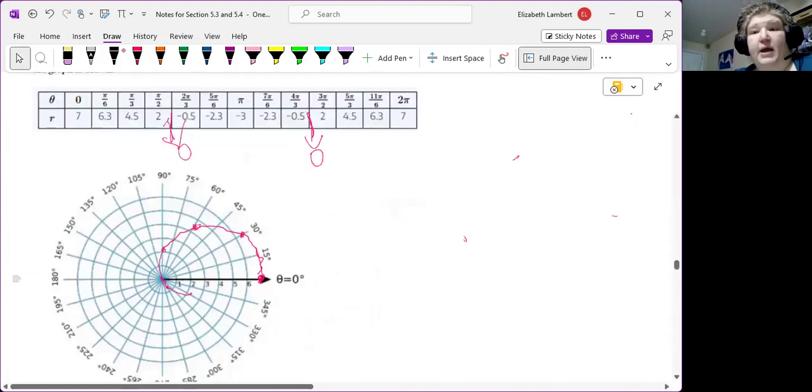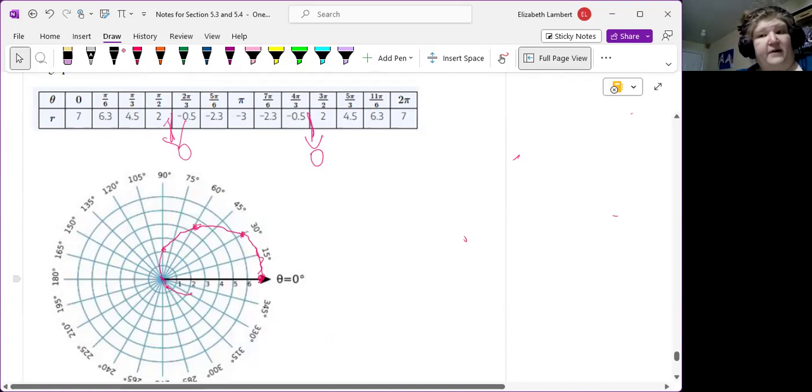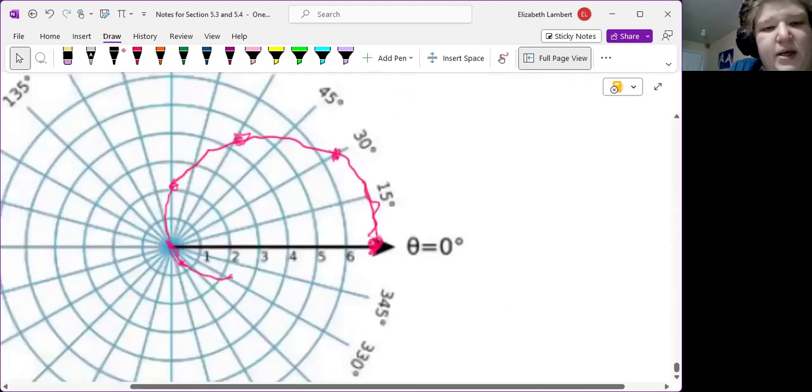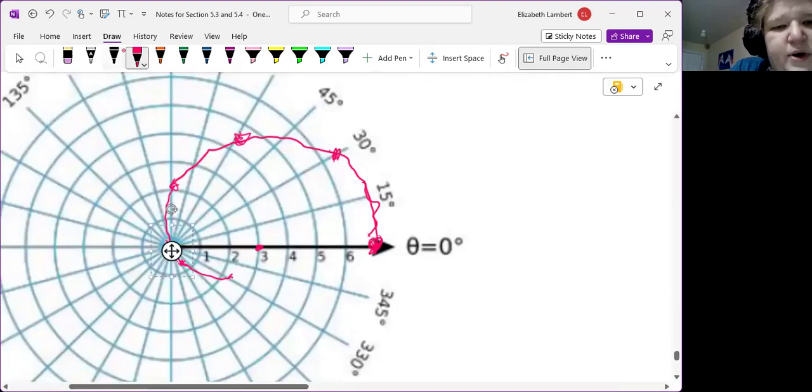All right. And then at pi, we're at negative 3. So pi is normally on the left, the negative x-axis, but then we're counting negative 3. So we actually end up at the point positive 3, 0.